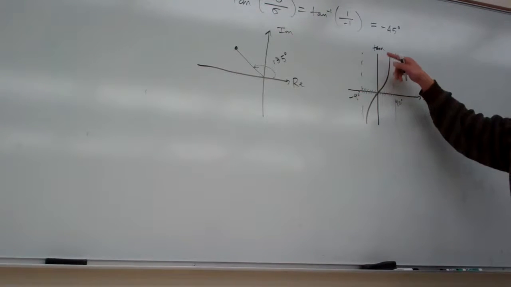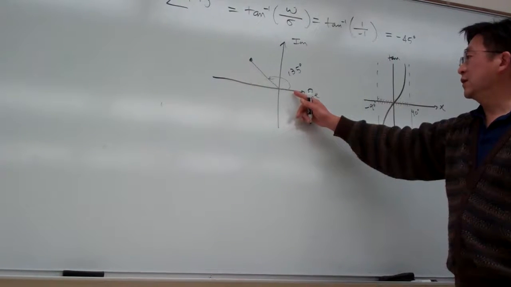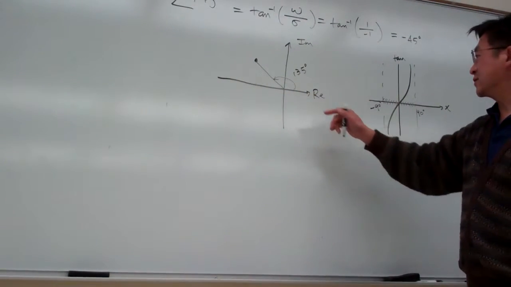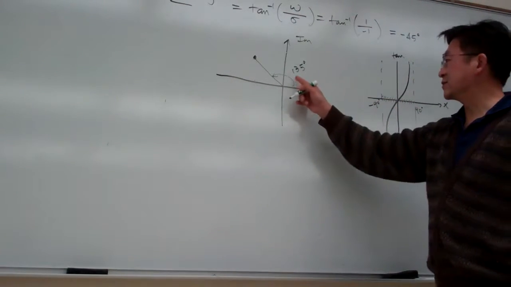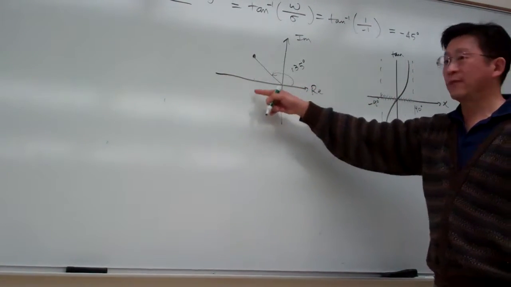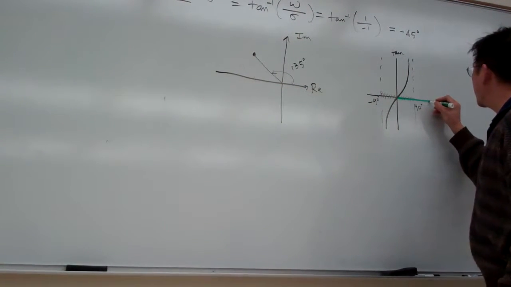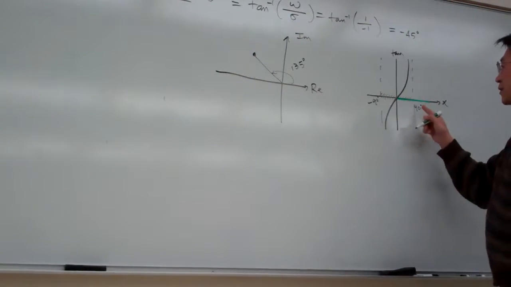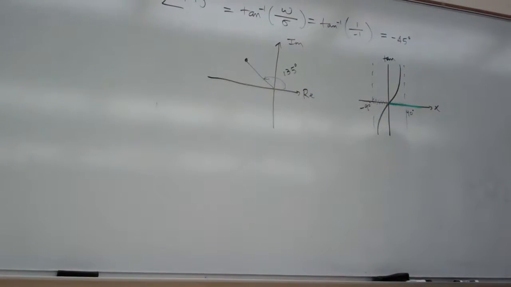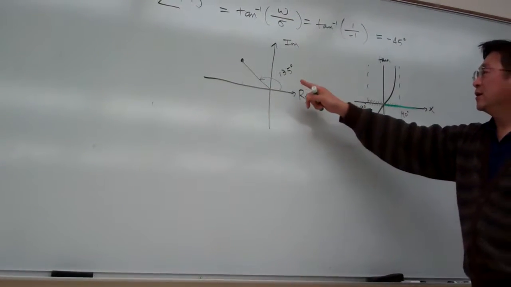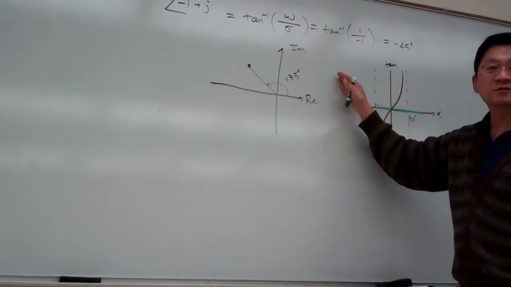However, in the complex plane, by definition the phase angles are defined from 0 to 180 or from 0 to -180, so you either go this way or go the other side. The domain of the two functions is different. So that's the reason why.